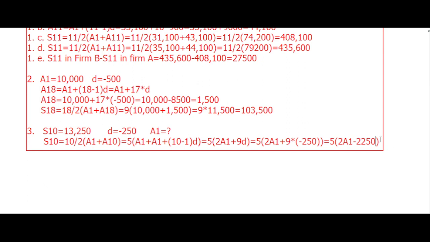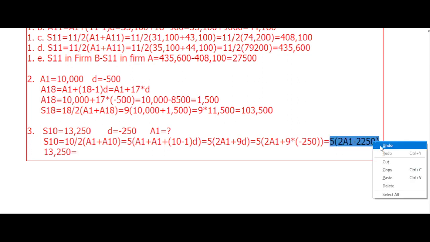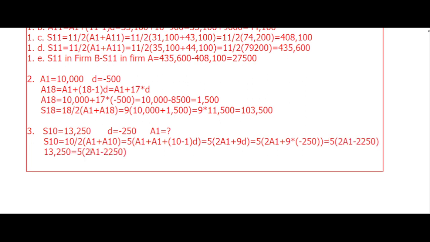S10 we have given here, so let's substitute S10, which is equal to 13,250, which is equal to this. Now let's divide both sides by 5.